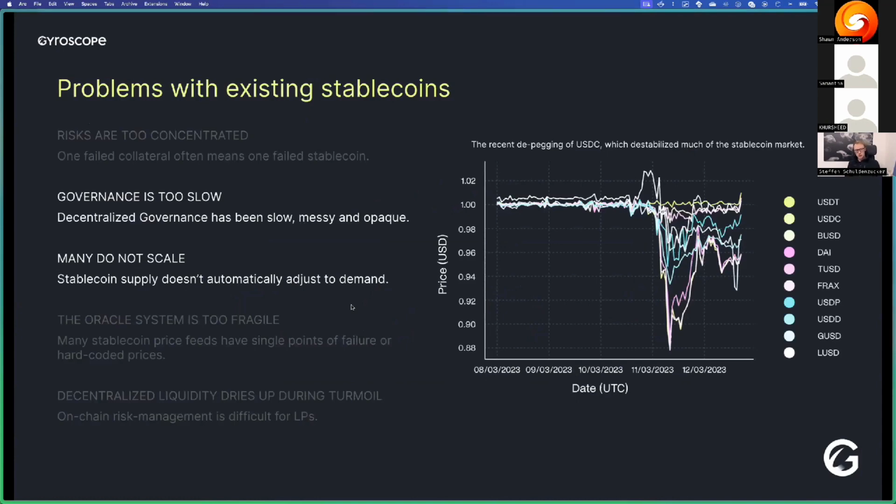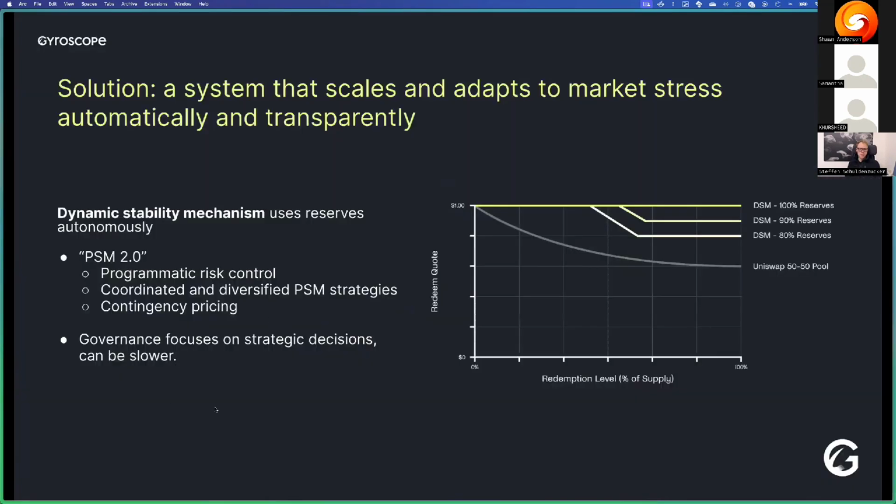Scaling is solved by the whole thing being mint and redeem and reserve-backed. Governance being too slow is the main mechanism I want to talk about. This is what I call a dynamic stability mechanism, and essentially it gives some programmatic risk control. Actually, I want to skip this because I'm going to talk about it in much more detail later.